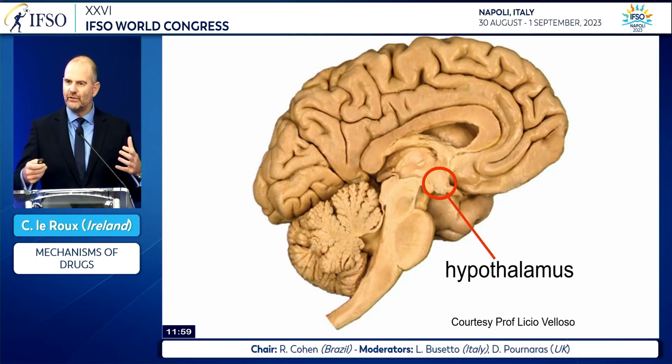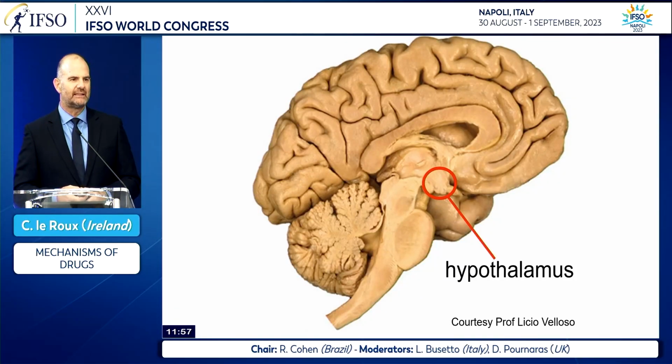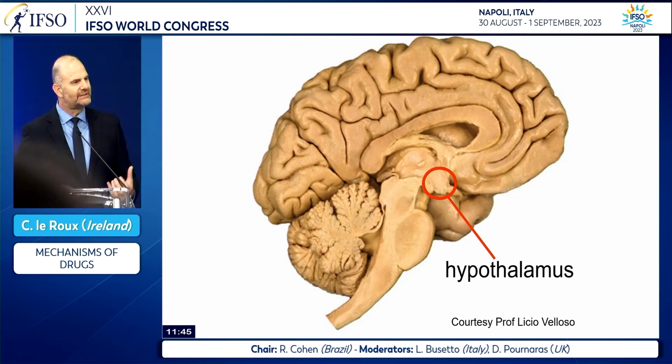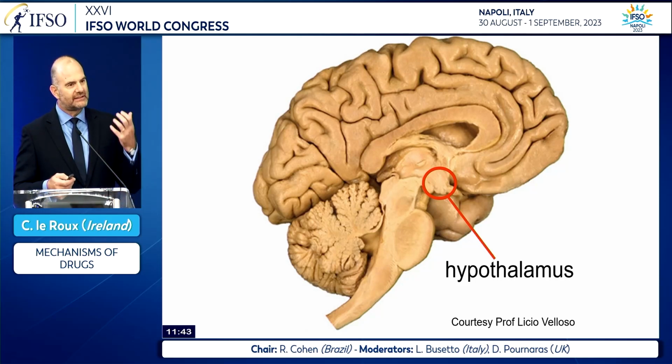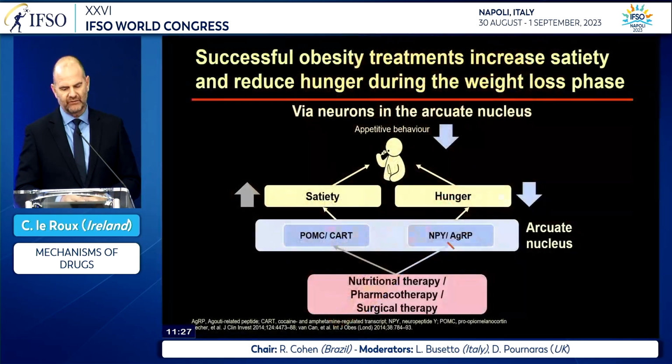And if we dive into the central nervous system, it appears that it is the subcortical areas of the brain. I'm highlighting the hypothalamus, but also the area postrema, the nucleus tractus solitarius. And suddenly, it helps us, because the mechanisms of the surgery or the medication that you are using is actually treating the disease of obesity in the organ that is responsible for it. And that is the brain in about 80% of cases, and certainly the subcortical areas of the brain.